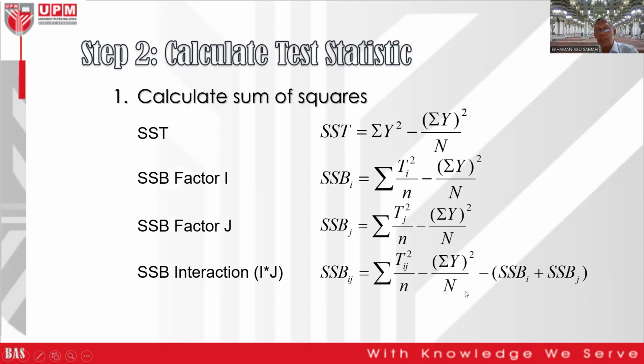The first element is very similar to the format for factor 1 and factor 2, but we have ij, and we include minus, within brackets, sum square between for factor 1 plus sum square between for factor 2.